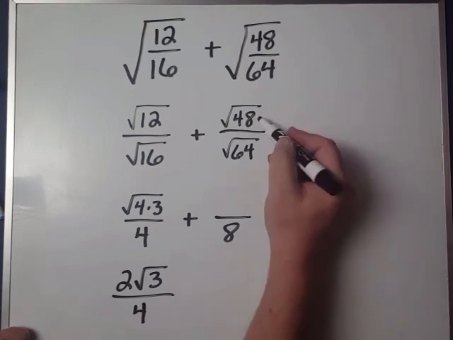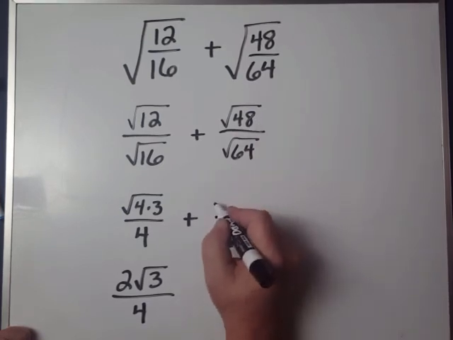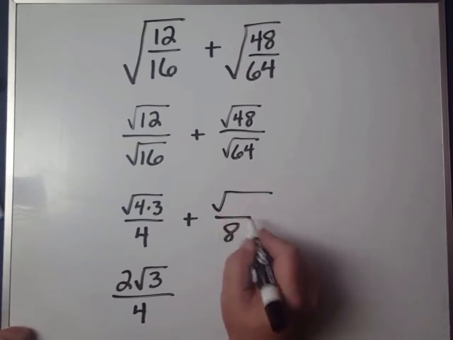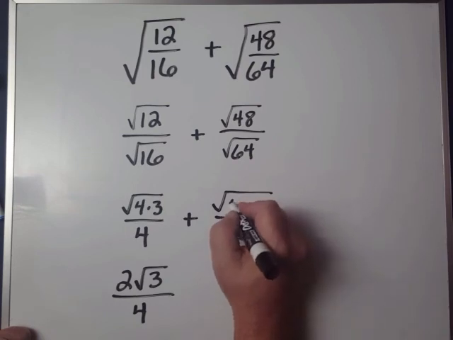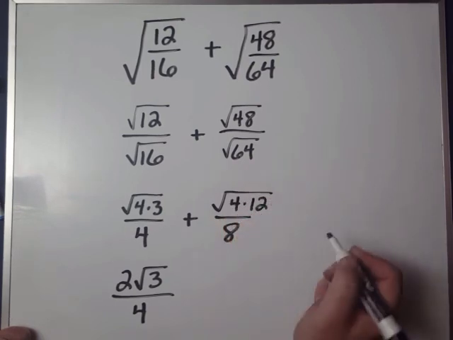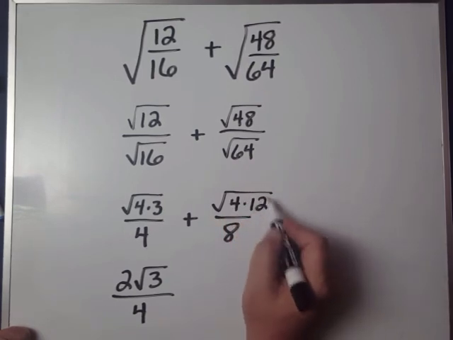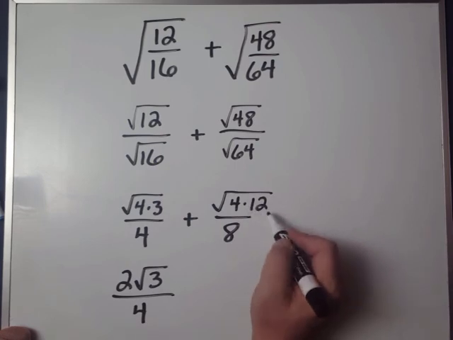Now what about this 48? Does 48 contain any factor which is a perfect square? Okay, now watch carefully on this one. You don't have to write this bit down because I'm going to change it. 48 does contain a 4. It's 4 times 12. But that 12 contains another 4.